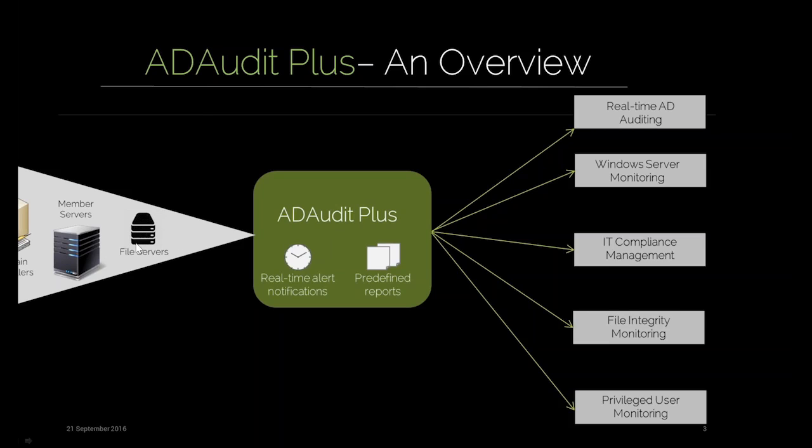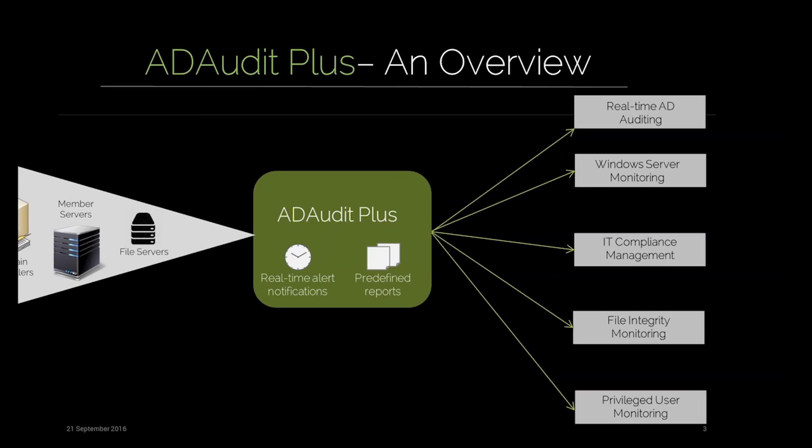The second one is the member server. That's the second report we have in ADAudit Plus. Any changes that happen on the member server, right from the time a user logs on to that computer, I mean a member server, till the time the user logs off from that computer, you will get all the information tracked by ADAudit Plus.